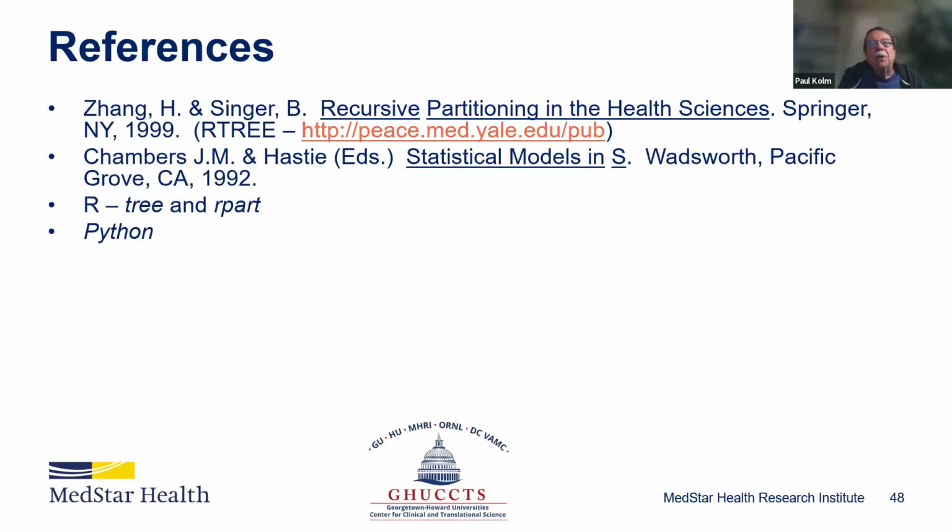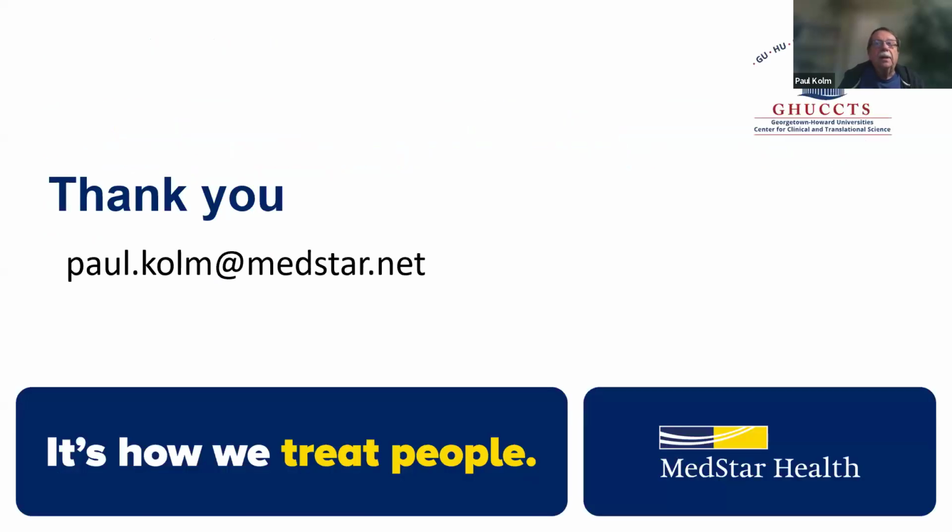In some of the other packages, I'm not sure about SAS, but I know in Stata, that's not a routine that's available. I believe another major package that does have that is SPSS, but I'm not at all familiar with that. So I will end there and open it up to any questions that you might have about tree models.